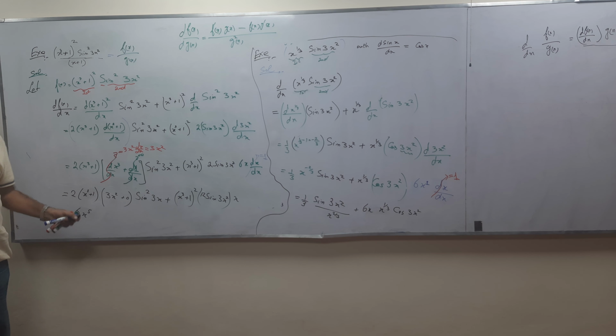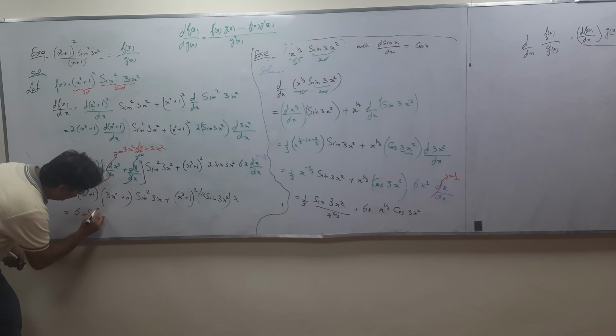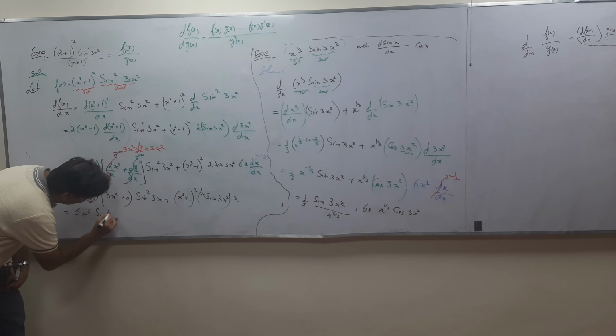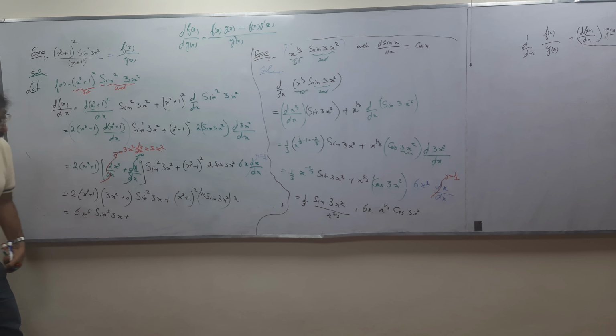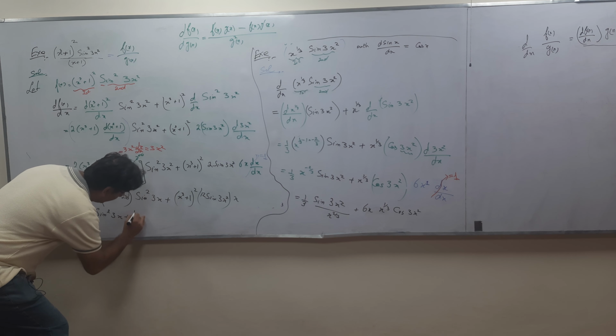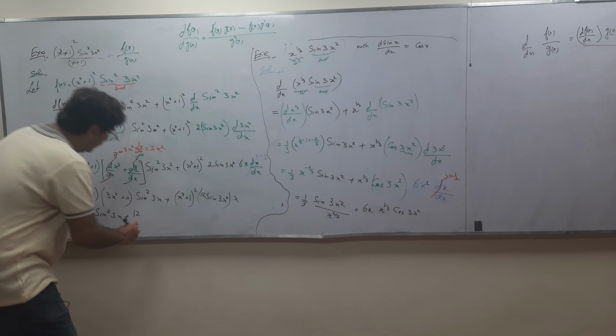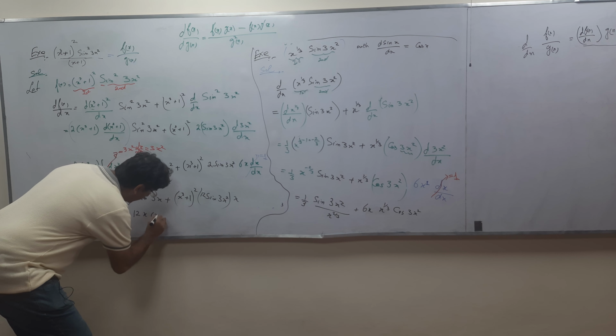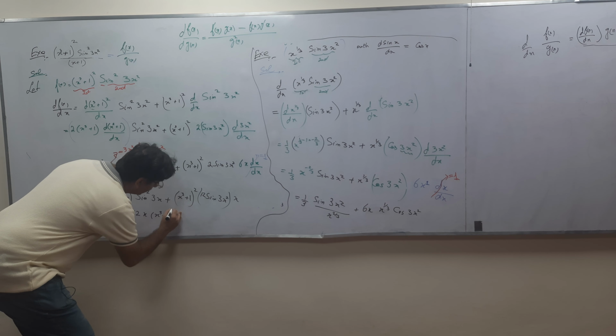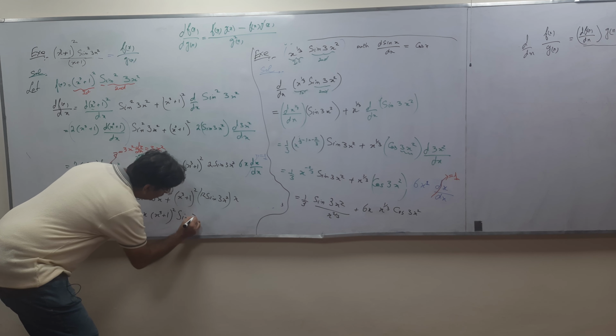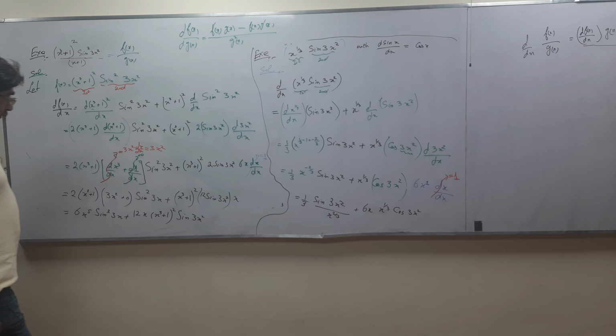When we multiply, powers add, so 3 multiplied by 2 is 6, x3 multiplied by x2 will be x5, sine square 3x plus 12x into x cube plus 1 square sine 3x square. Okay, so this will be the derivative of fx.